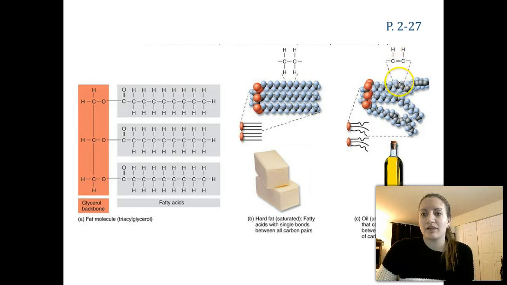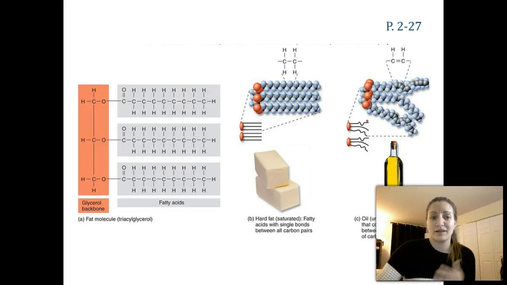You see double bonds, which are going to cause all of these bends in these lipids. These bends make it so that these compounds can't really form these really nice backbones, these really nice crystal structures, these really solid structures. So they're more loose, they're flowing more, which is why unsaturated fats are liquids.